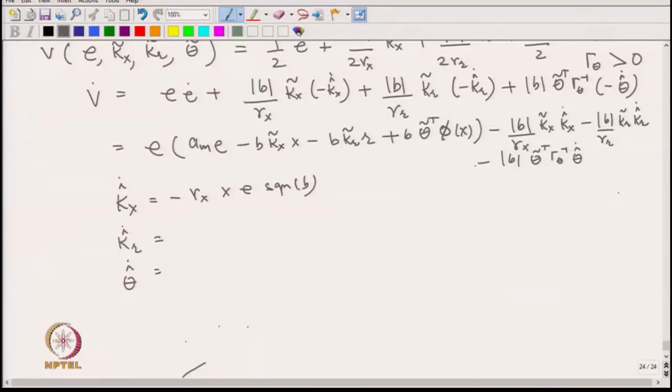If you choose it, then this term will cancel with this term, and let's choose kr hat dot to be minus gamma r e sign of b. Then this term will cancel with this term. And for this case we have to choose the update law as gamma theta phi of x. So we want to cancel this term, so the update law for theta hat would be like this.